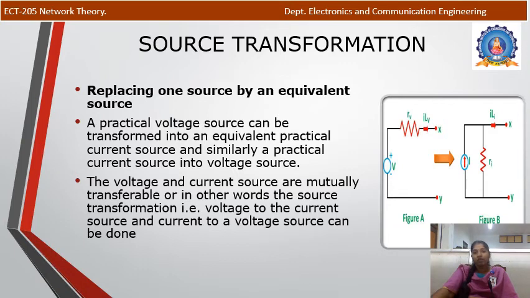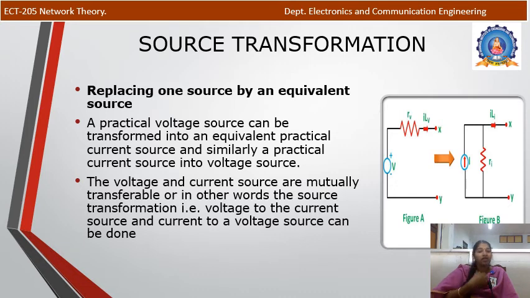For example, a practical voltage source can be transformed into an equivalent practical current source. Similarly, a practical current source can be transformed to a voltage source. We can't directly change a current source to a voltage source or vice versa; there will be some equivalent circuits.